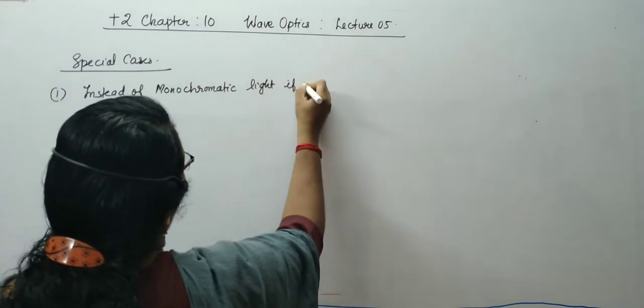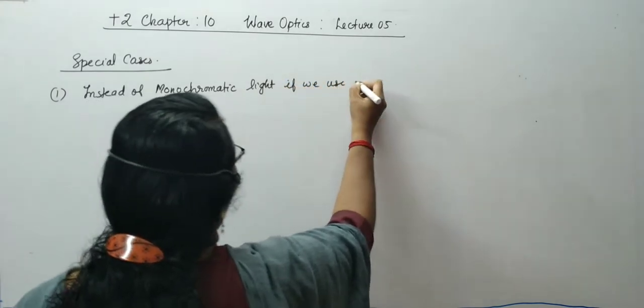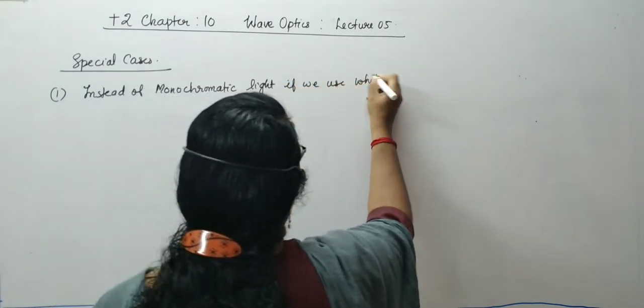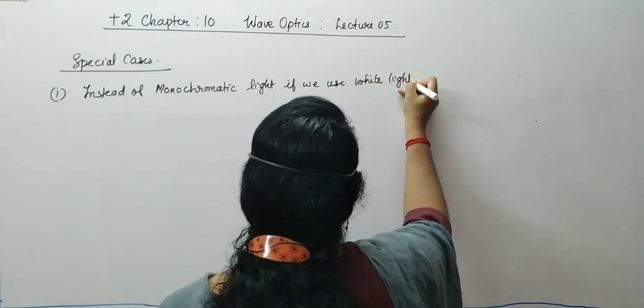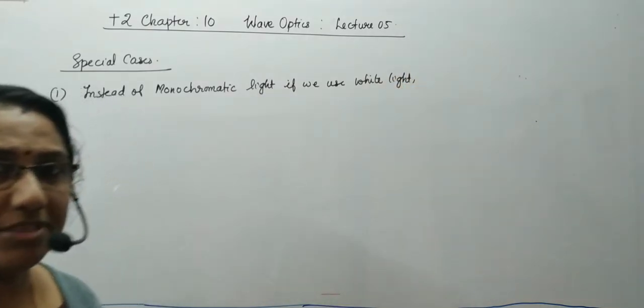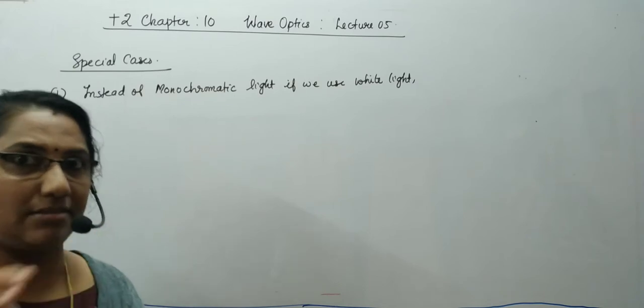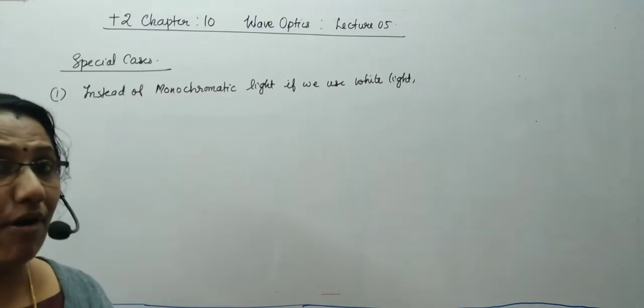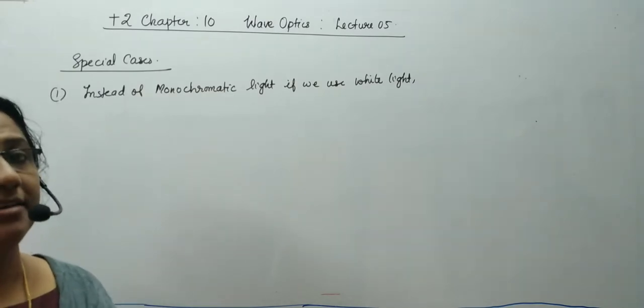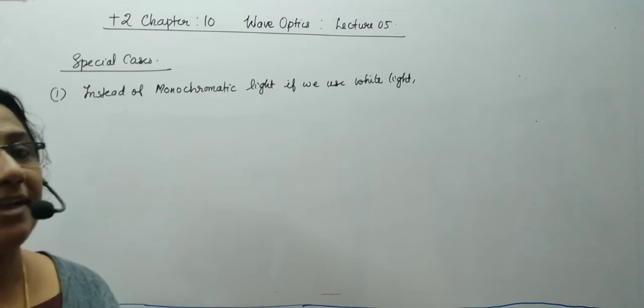If we use white light, what happens? We will obtain the central maxima as such, but followed by different colored patterns.